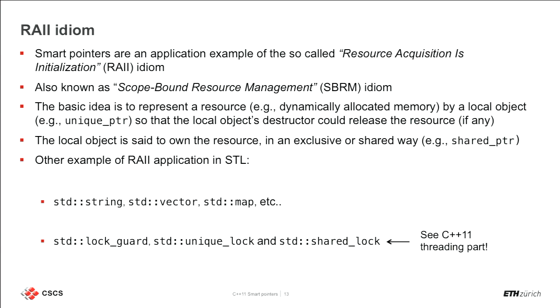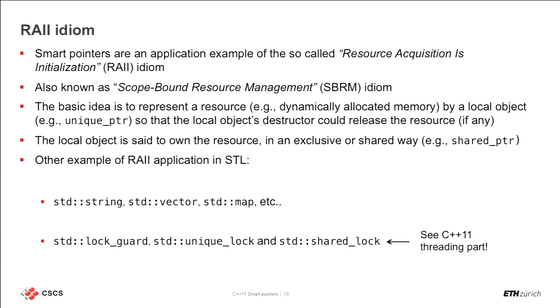But okay, besides the definition, the basic idea of this idiom, of this pattern, is just to provide an object representing a given resource and implemented in such a way that the destructor of this object could release also the managed resource.